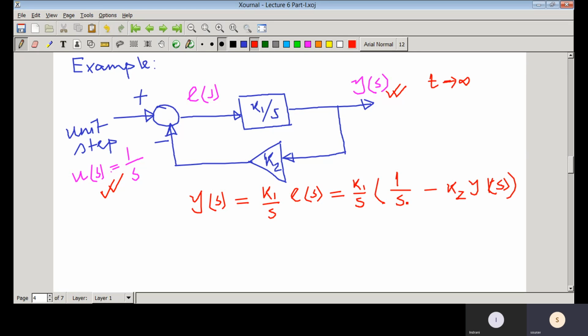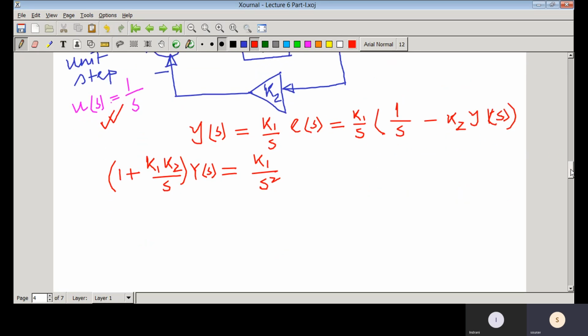Now if you take this right hand part to the left, this is a simple algebraic equation, so 1 plus K1 K2 divided by s, into Y(s), is equal to K1 by s square.